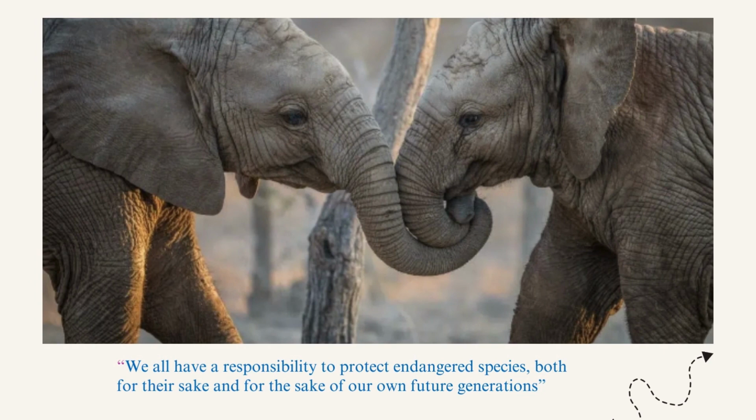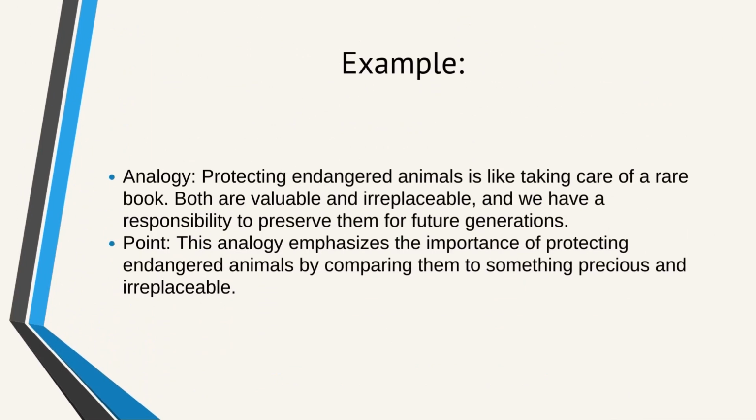I have a picture here, and as you can see, there is a message: we all have a responsibility to protect endangered species, both for their sake and for the sake of our future generations. In this example, the analogy is that protecting endangered animals is like taking care of a rare book.